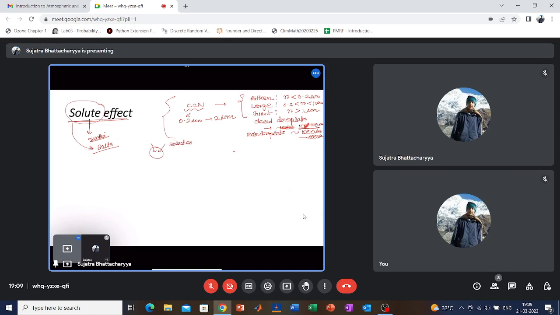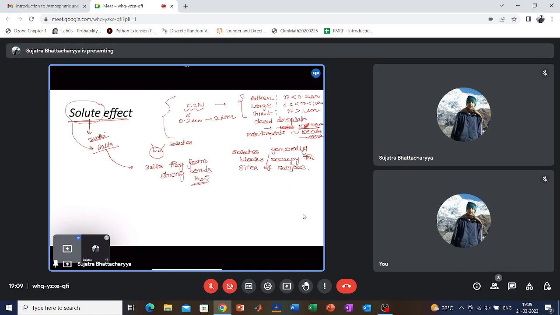These solutes generally block or occupy the sites of the surface, and some solutes like salts form strong bonds with water.